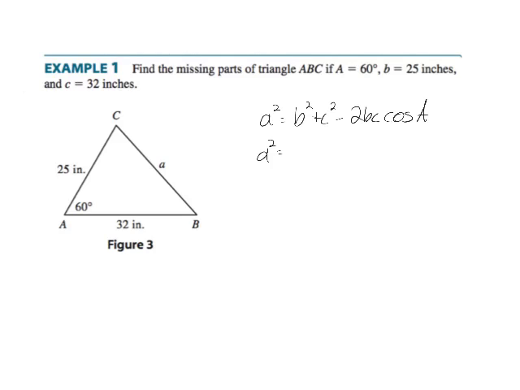A squared is going to be equal to, B is opposite angle B, so that's 25 squared plus 32 squared minus 2 times 25 times 32 times the cosine of angle A, which is 60 degrees. So we'll plug all that in the calculator and get a value for A squared, and then you can take the square root of that and get A by itself.